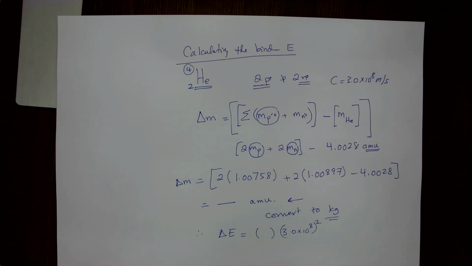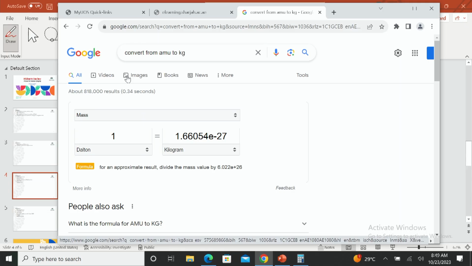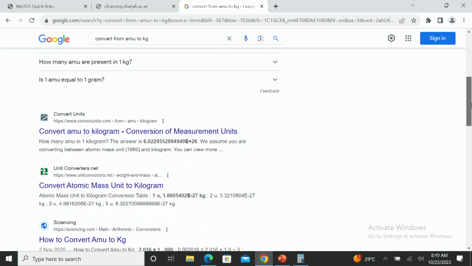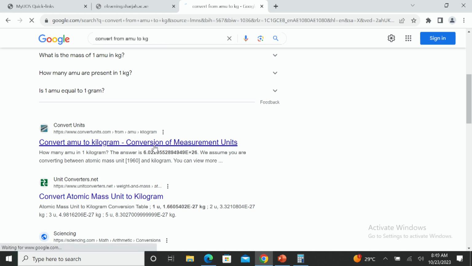So convert from AMU to kilogram. You see it here, converting AMU to kilogram, that's the conversion factor, 1.66 times 10 to the power minus 27.